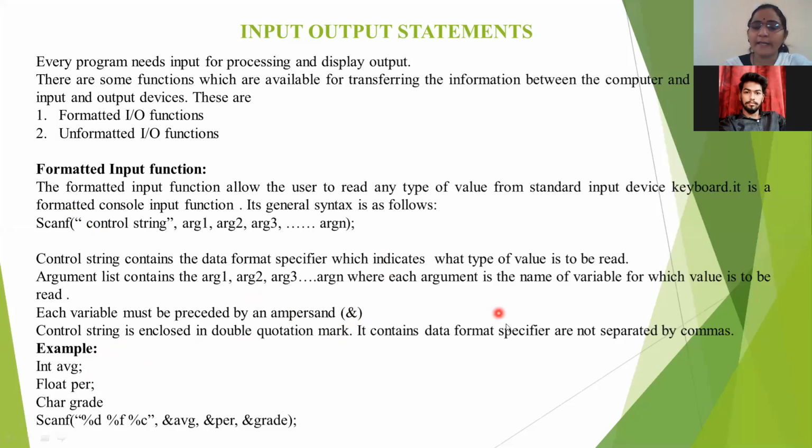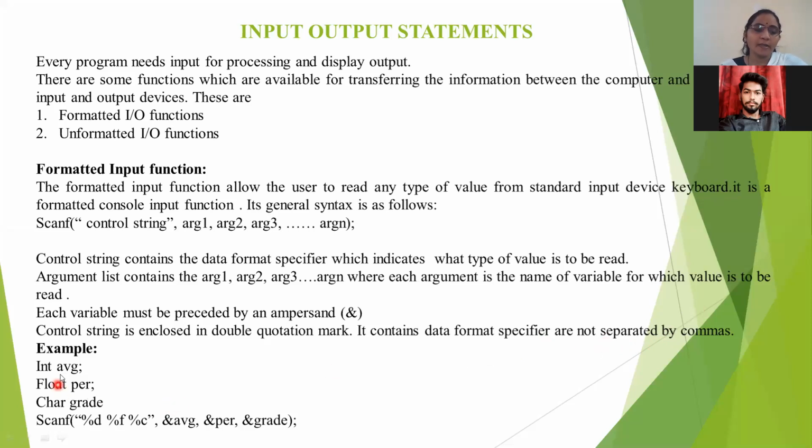It contains data format specifiers, and the data format specifiers are not separated by commas. This is very important. If you want to read more than one variable at a time, like an integer value, float value, and character value, you cannot separate the data format specifiers with commas.